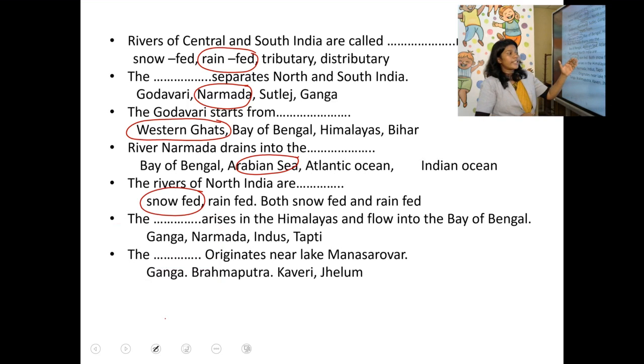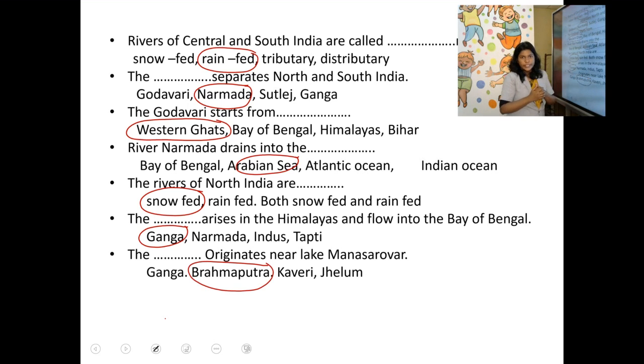The dash arises in the Himalayas and flows into the Bay of Bengal. Which river? River Ganga. The dash originates near Lake Manasarovar. Which river? Very good, river Brahmaputra.